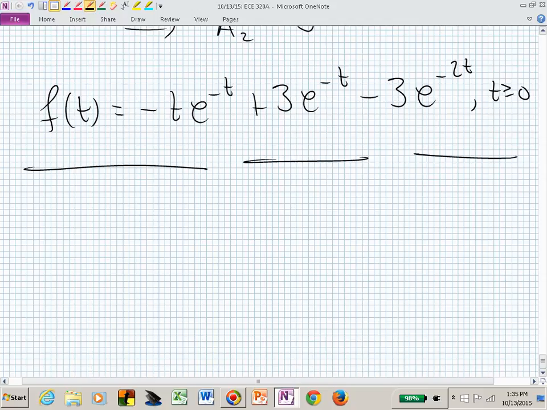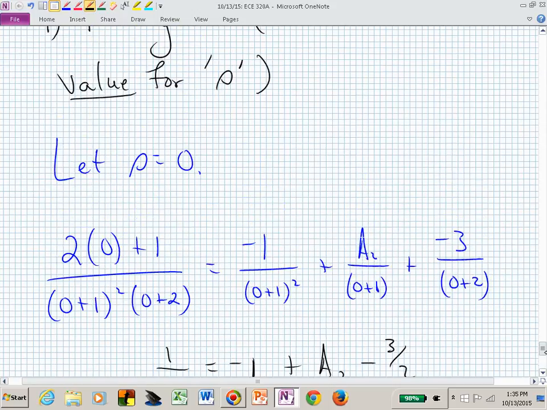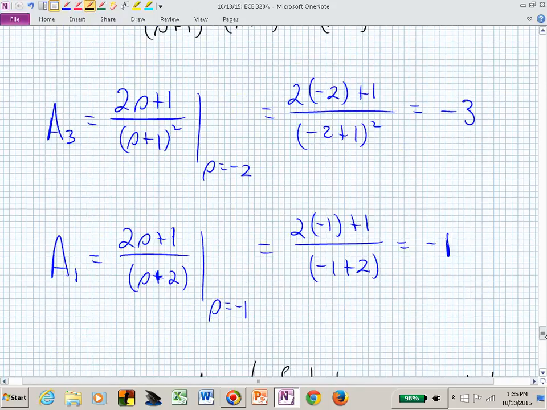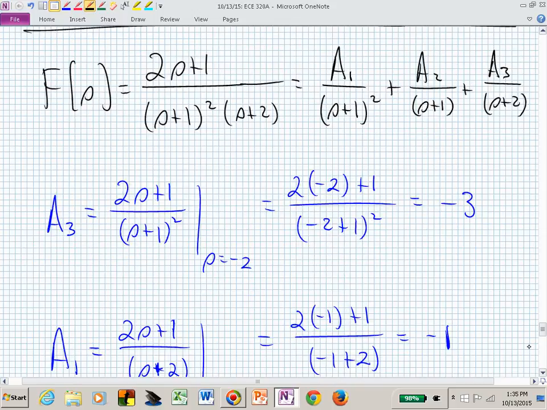Yes? That would work if you had like s plus 1 to the third power. Yes, so this technique will work for, the question was, what if I had s plus 1 cubed? Now you would have, what would you have found?